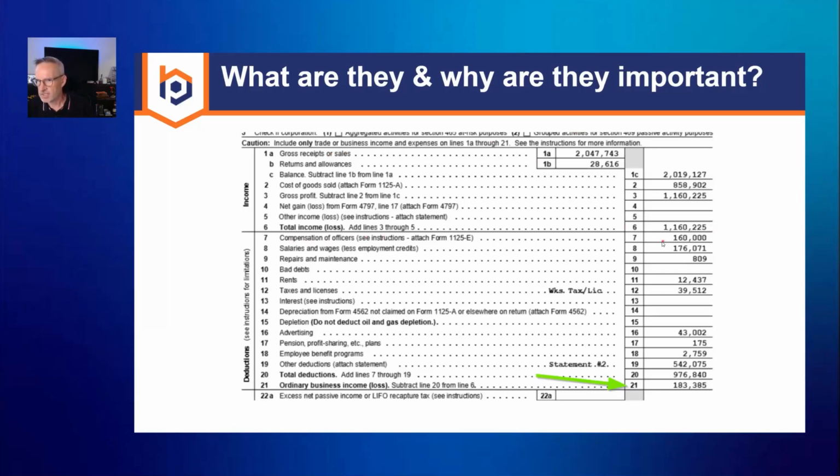This is the officer's salary. So there was 160 grand of officer salary. Now, I don't know the division of that in this particular one. I mean, I do know because I have these returns, but it doesn't really matter. It's included. Before you get down to the profit, you have paid yourself your W-2. This is why distributions really have no effect on this. So I'm just trying to clarify my point there.